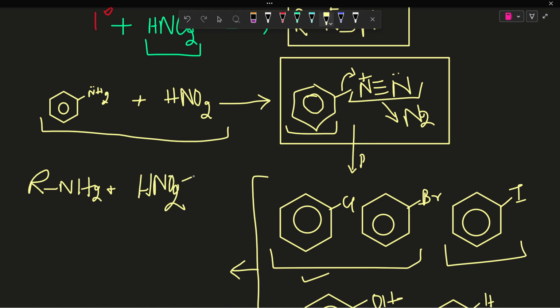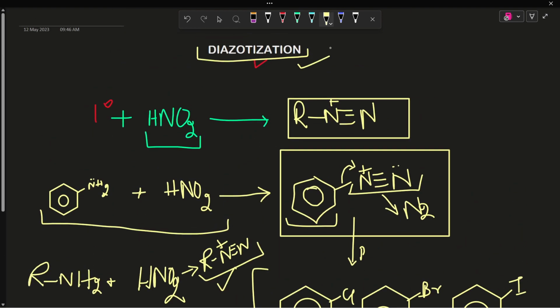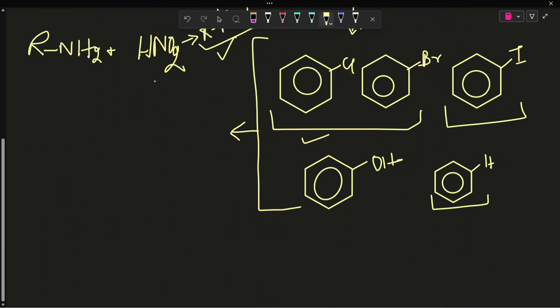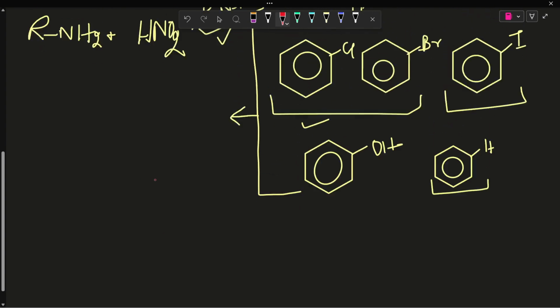We will get the same thing here as well, that is the diazonium ion, R triple bond N positive charge over here. But this doesn't have any significant synthetic importance. That's why we usually study diazotization for aryl amines. In this video, we will be taking aryl amines into consideration.